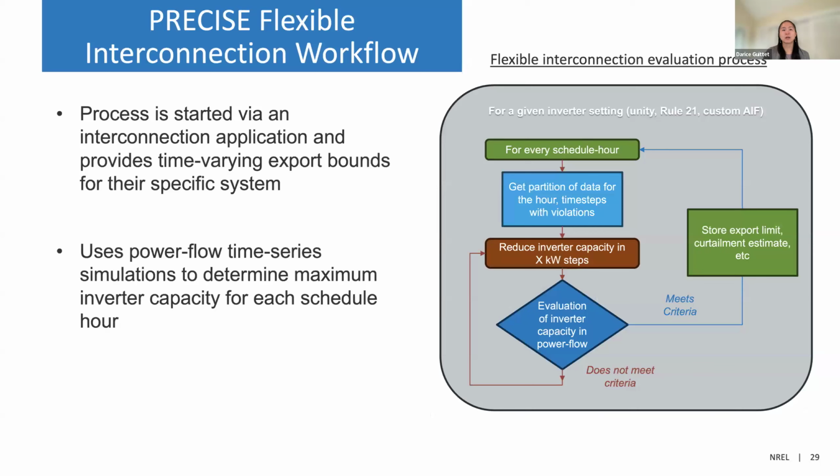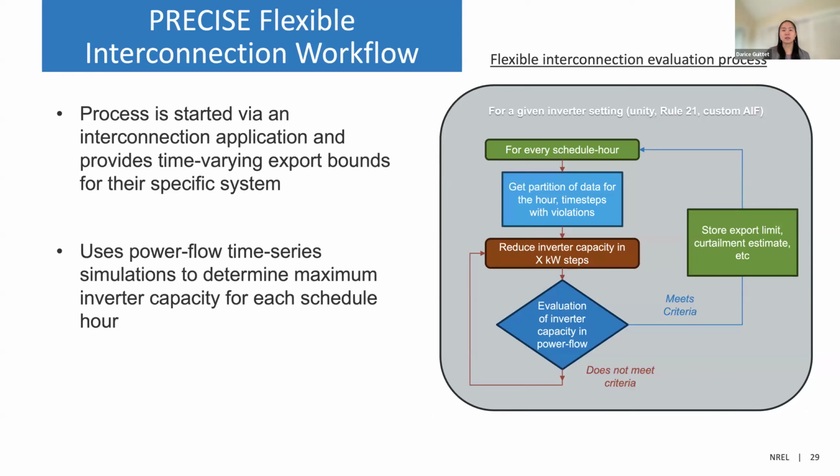And so the flexible interconnection workflow is an extension of the PRECISE interconnection evaluation process, which is already evaluating different inverter settings and is started by a customer-triggered event. And we can provide these time-varying export bounds using PowerFlow time series because all of that infrastructure is already there.